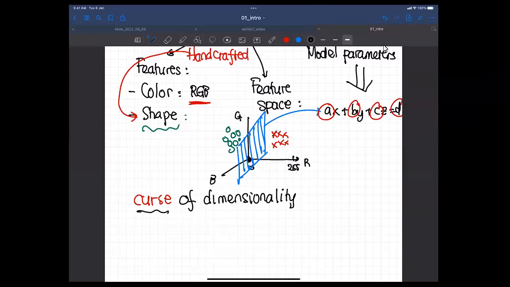Yes. Another problem this might cause is needing more data to train. When you add more dimensions, you need relatively more data to train the same model. Yes, that's true. We will learn that later on. When you have more dimensionality and more data, this is called the model selection problem. We will see that.